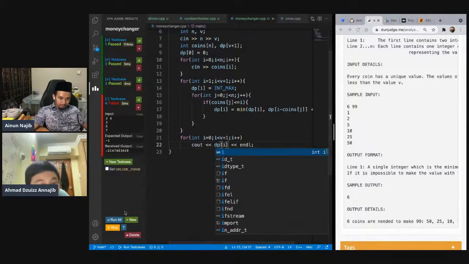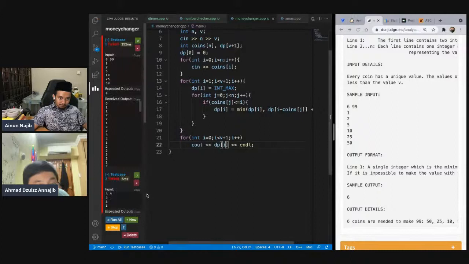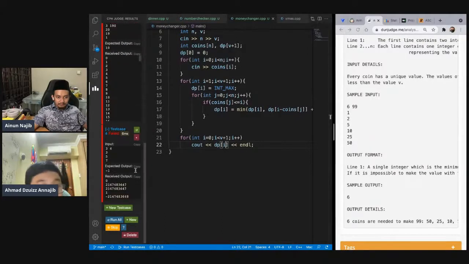Scroll down to the wrong test case. 0, 2, 4, 7, 4, 8, 3, 6, 4, 7, because 4 plus one, 8 plus one, 7.